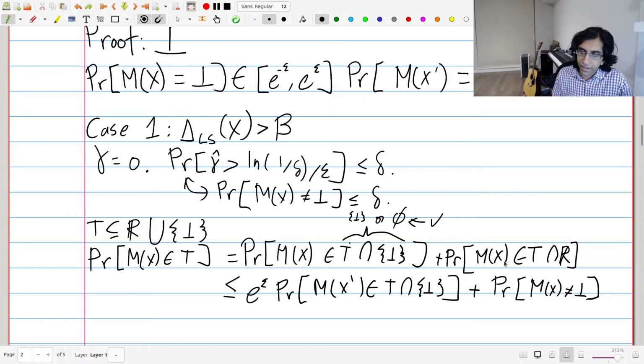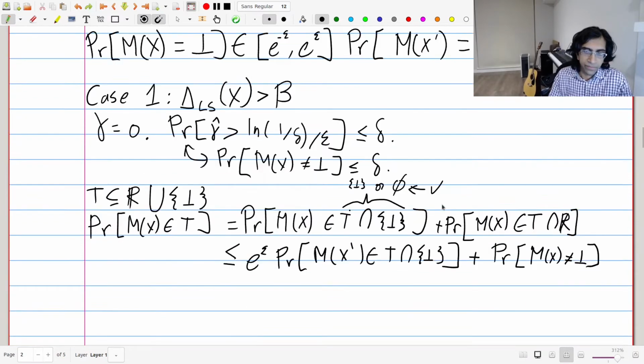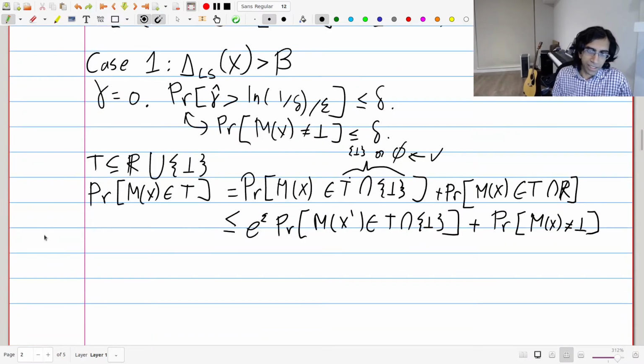On the other hand, why is this quantity less than the probability that M(x) is not equal to bot? Well, T intersect the set of real numbers means that it takes some value which is not equal to bot, because that's the remaining case. So this is always a valid inequality as well. And it's not too hard to complete the proof at this point.